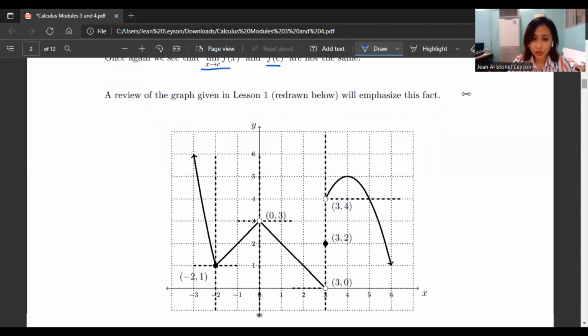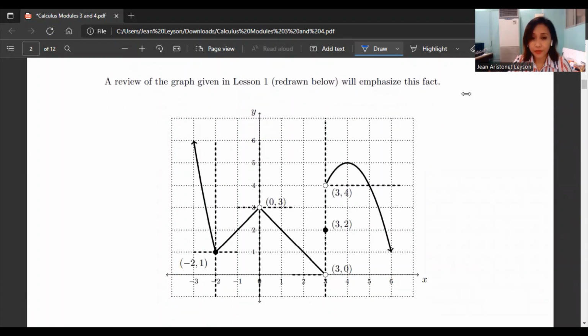Now, a review of the graph in the previous lesson is given below, which will also emphasize how we determine whether the limit of the function as x approaches C and f of C will be equal or not.